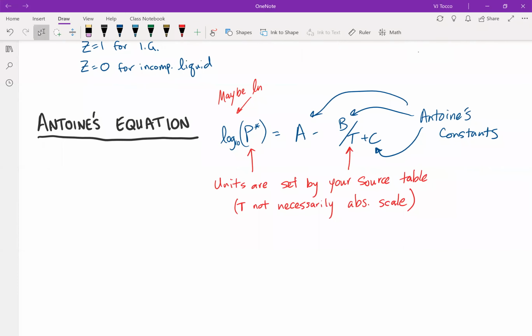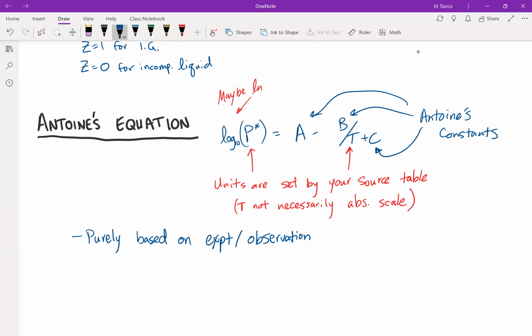The other thing to know about Antoine's equation is that it's purely empirical. It is purely based on observation and experiment. There is no fundamental basis for this. In other words, I can't start with something that I know, like the Clapeyron equation, which starts by saying that the Gibbs energies for the vapor and liquid phases are equal and goes from there. There is no such origination point for Antoine's equation.